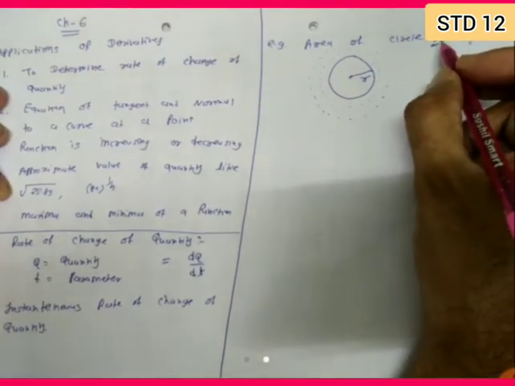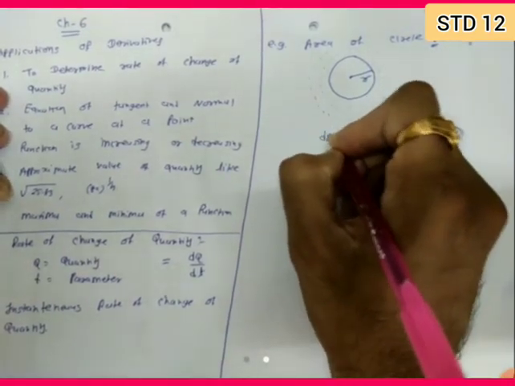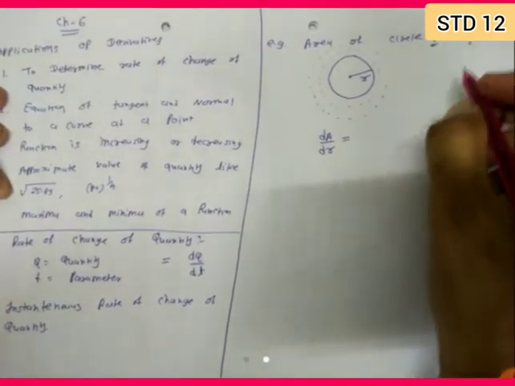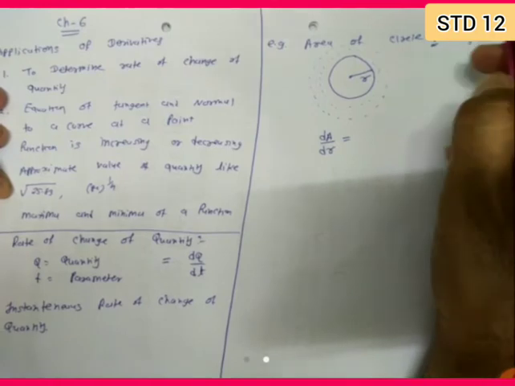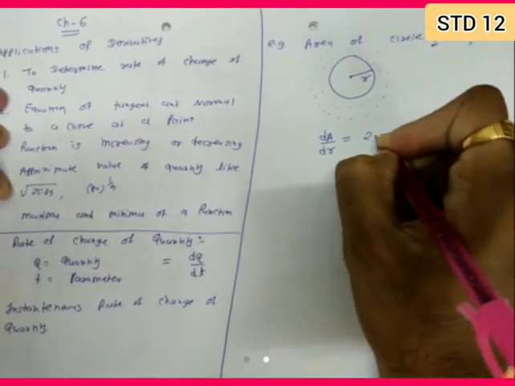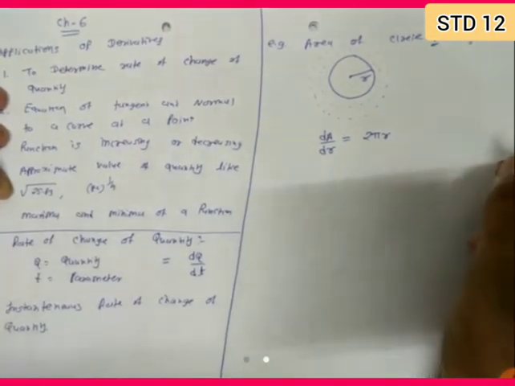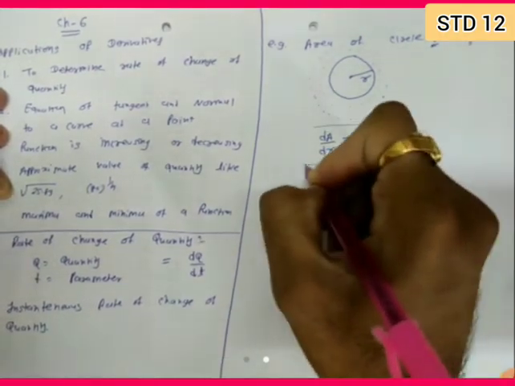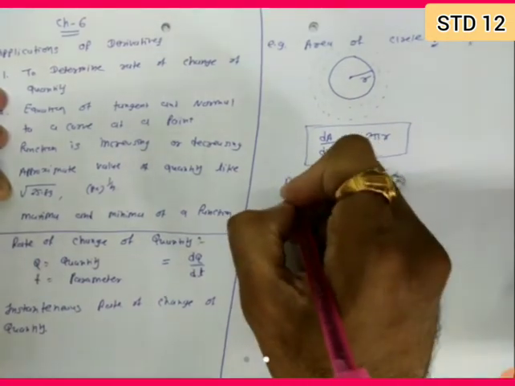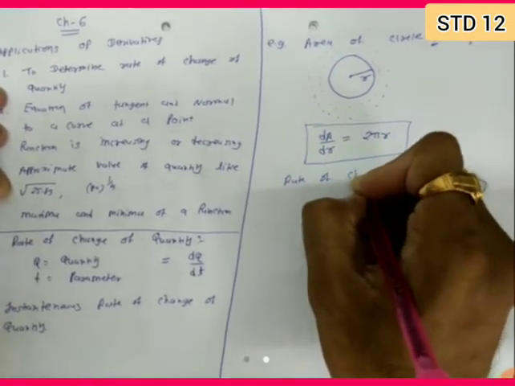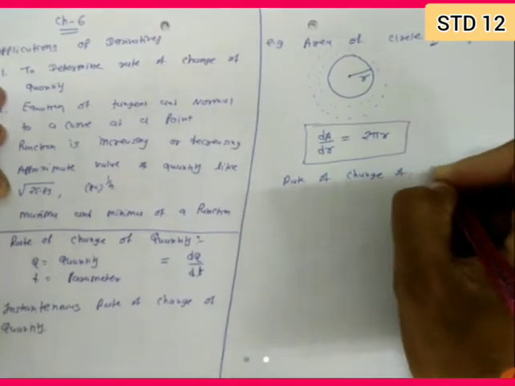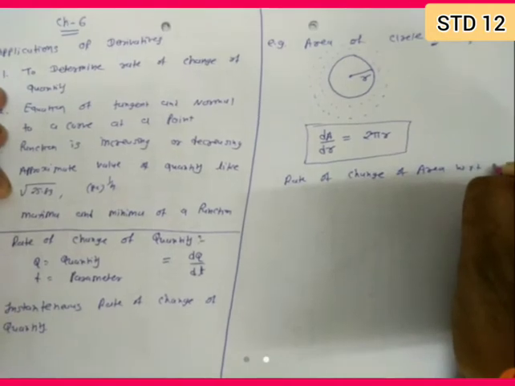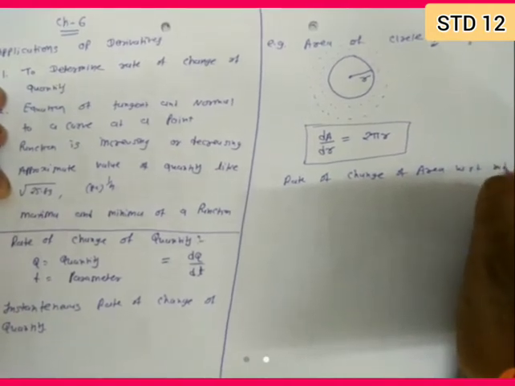So the rate of change of A with respect to parameter r, that is dA by dr, is nothing but the differentiation of this pi r square with respect to r, which is 2 pi r. This is the rate of change of area with respect to radius.